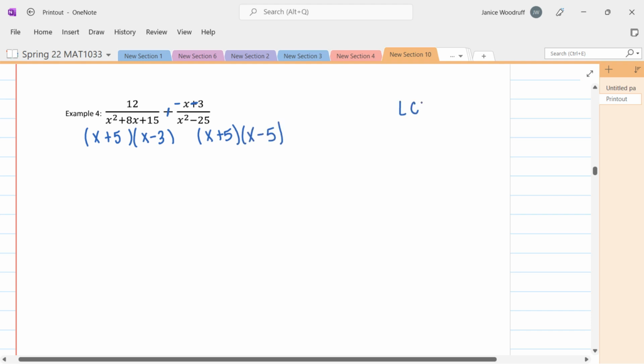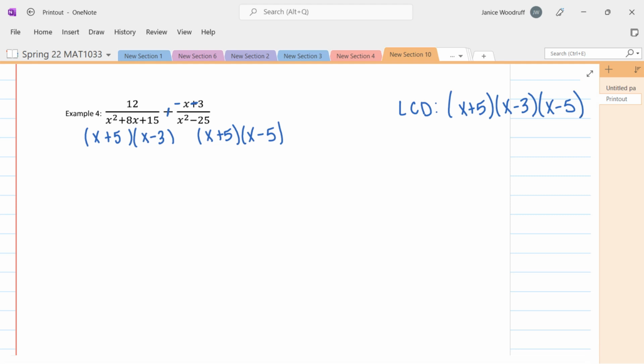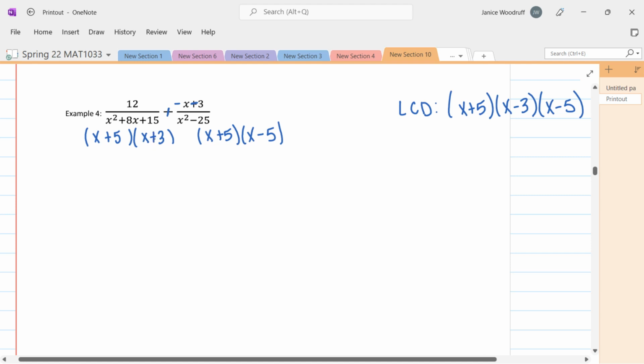So my LCD, one of each: x plus 5, x minus 3, x minus 5. Yes. x plus 3. Plus 3. Good catch.